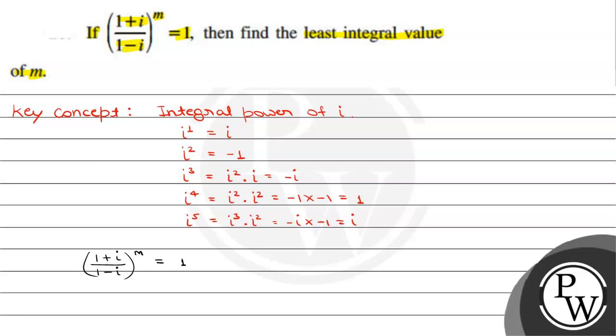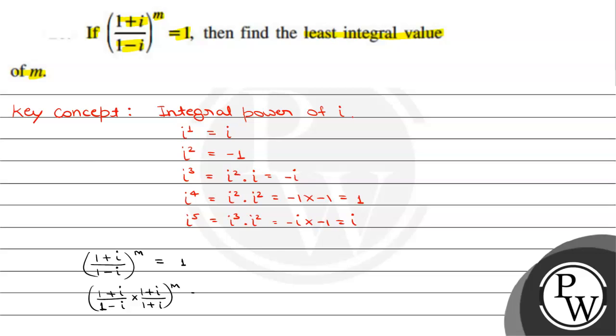For that purpose, I will multiply both numerator and denominator by the conjugate of the denominator. Here we have 1 minus i in the denominator, so we'll multiply both by its conjugate.